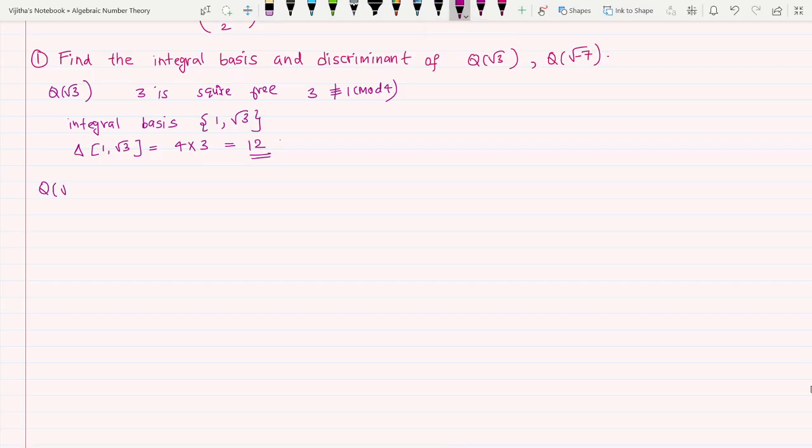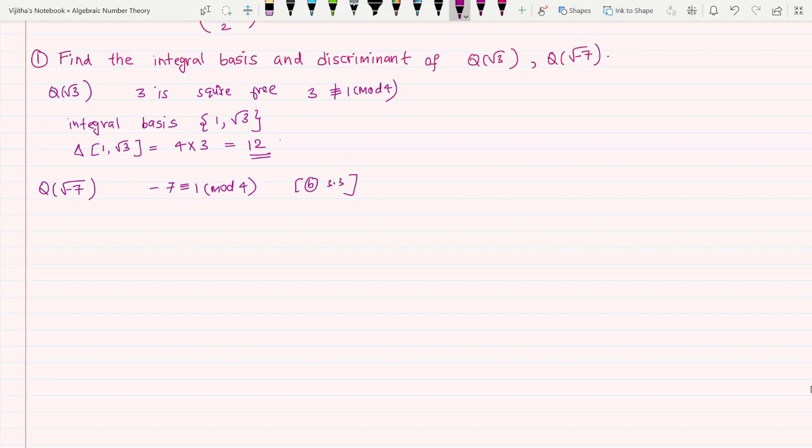Q of root of minus 7. You have to see whether it is congruent to 1 mod 4 or not. We see that minus 7 is congruent to 1 mod 4, because minus 7 minus 1 is minus 8, which is a multiple of 4. So it comes under case B of theorem 3.3.